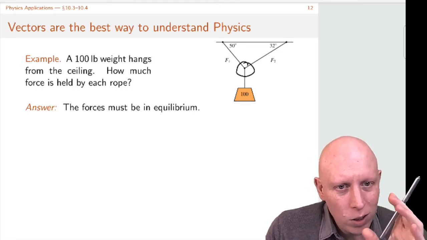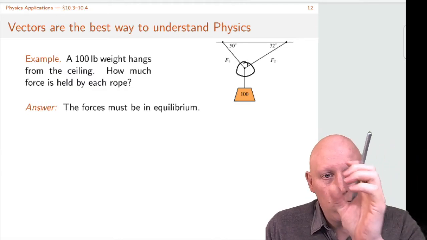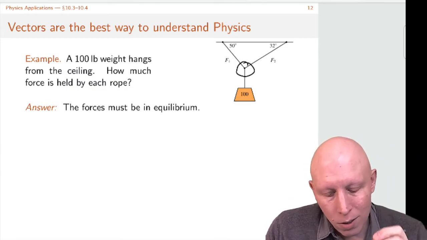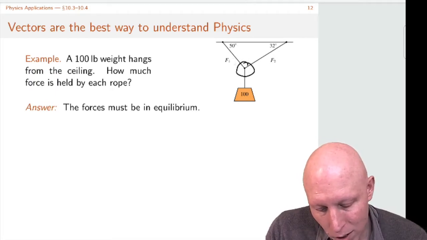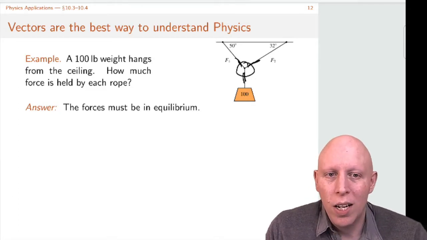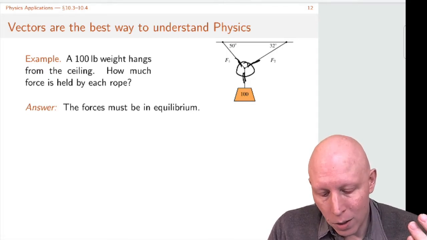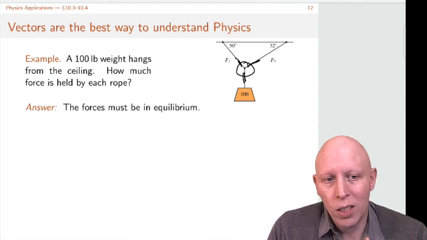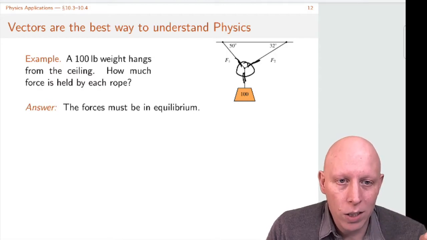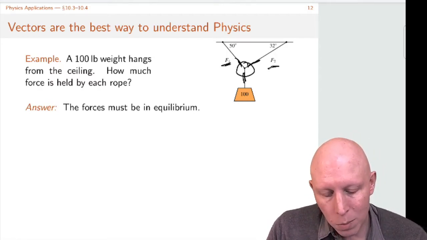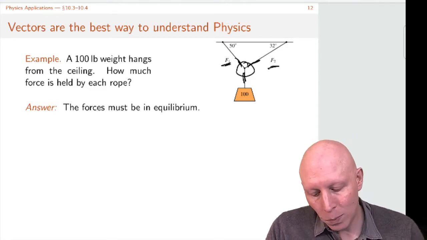If the forces aren't canceling out, then that point's going to be moving. Because the point is not moving, the force being exerted by each of these ropes has to equal out. We're going to use that property to write down some equations, and that's going to tell us how much force there is on each rope.